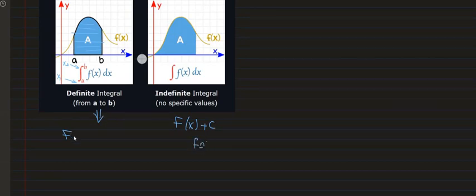But here in the definite, we are going to get the antiderivative, and then we will substitute. We will get capital F of x as we did, but we will substitute with b and then subtract from it the substitution of a.